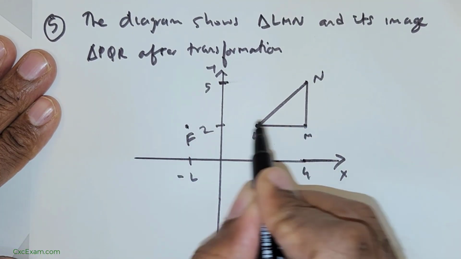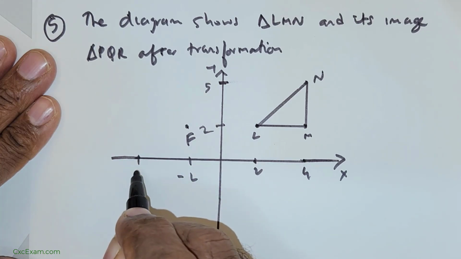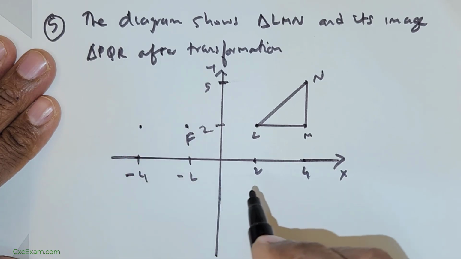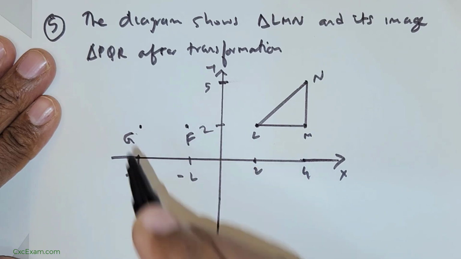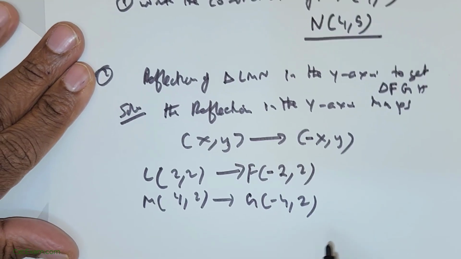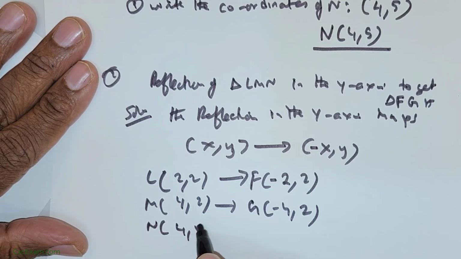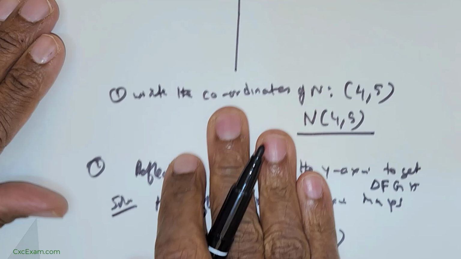So M is mapped onto, this is minus 4, 2. So this is going to give us G. Okay. G is minus 4, 2, and N of 4, 5 is mapped onto H of negative 4, 5.